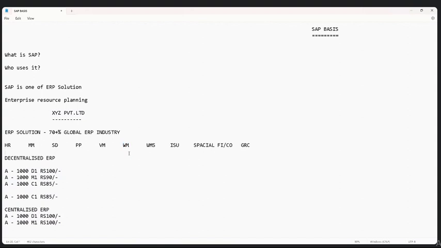So there were multiple issues in the decentralized scenario, and as a result, this centralized ERP solution was introduced as a solution. Because these challenges could not exist in the new centralized ERP solution: the moment this person A places an order, HR immediately gets information that we have received an order for 1,000 pairs of shoes and we need more manpower.